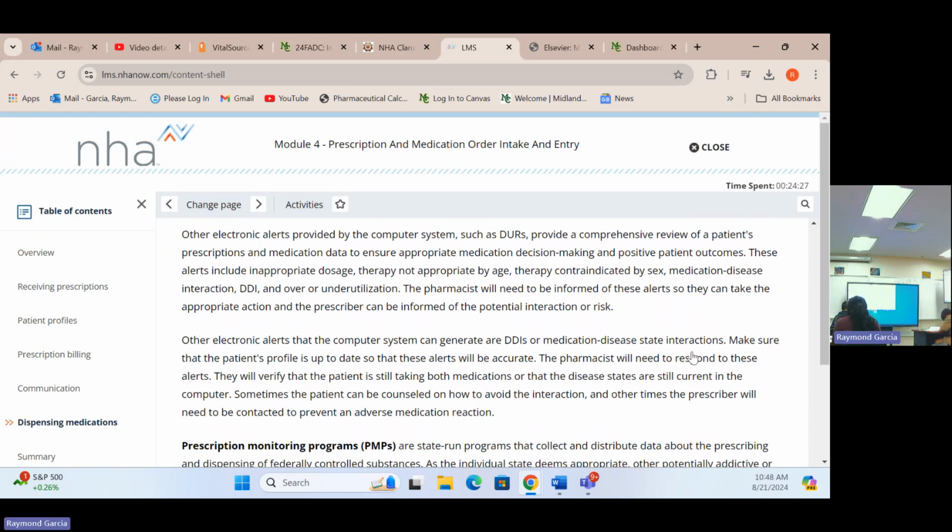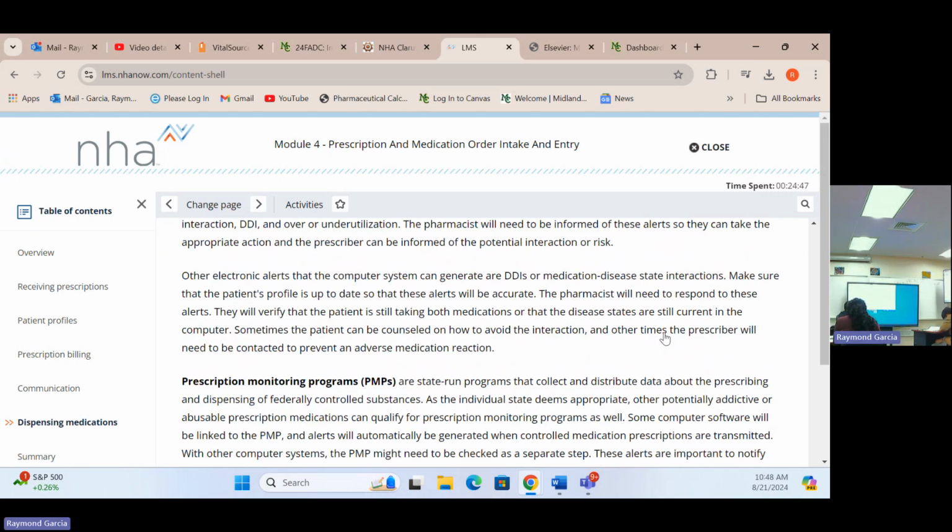It's therapy not appropriate by age, therapy duplication, DDI, and over or underutilization alerts so they can take the appropriate action, and the prescriber can be informed of the potential interactions or risks. The electronic alerts that the computer system can generate are DDIs, or medication-disease state interactions.